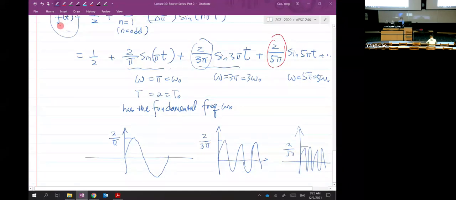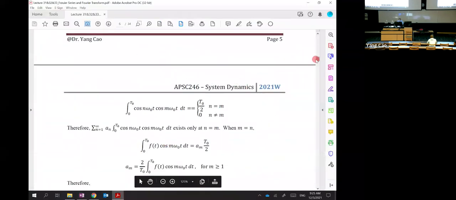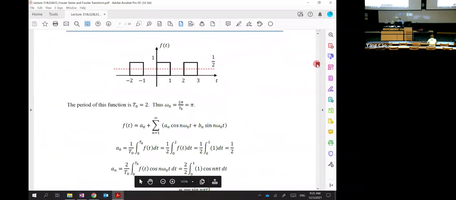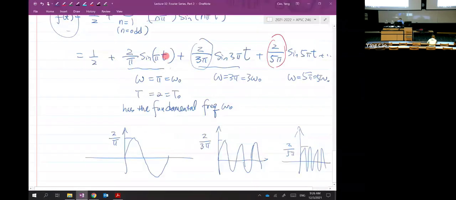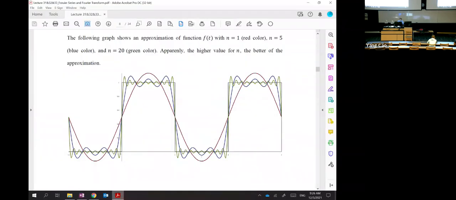Okay, so basically, if I draw the graph out, here's what we're doing. The red one is just the first term, and then the green and the, what's the color, purple or blue, are the number of terms n when you take 5 and 20.